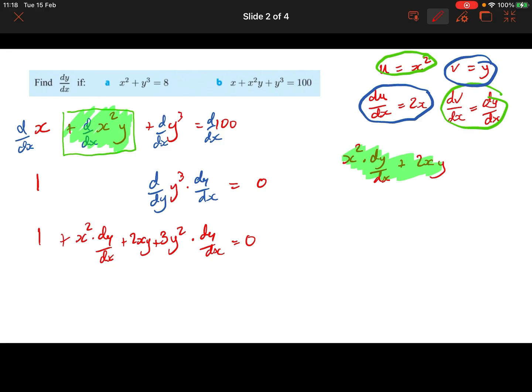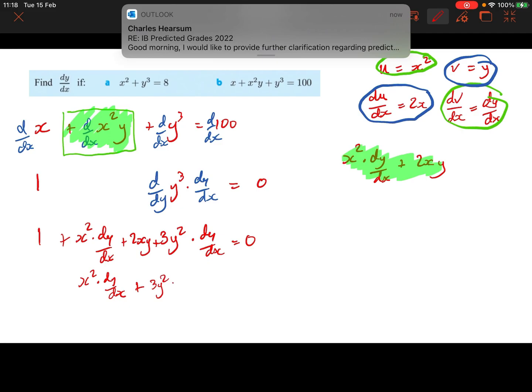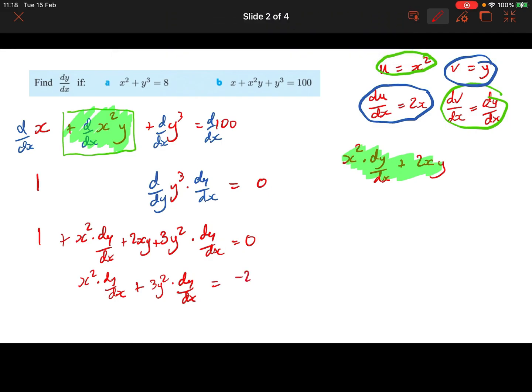Now what I've got to do is rearrange this for dy/dx. So I'm going to say x squared dy/dx plus 3y squared dy/dx is equal to negative 2xy negative 1.